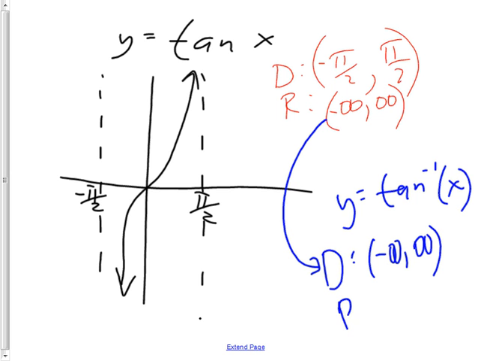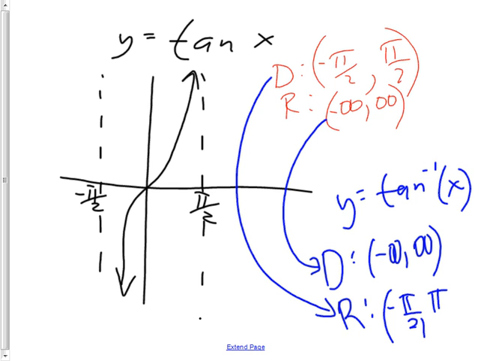The range comes from the domain. Negative pi over 2 to pi over 2. Those are all parentheses, by the way, no brackets. Because tangent can't touch those asymptote lines, right?